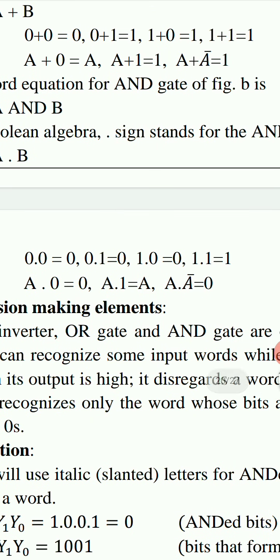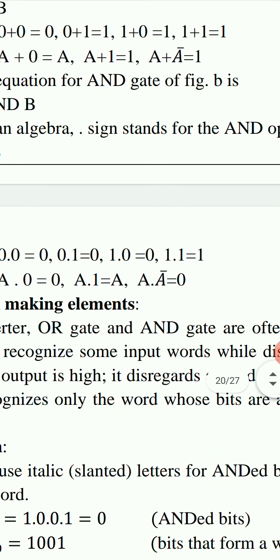A plus 1 equal to 1 and A plus A bar equal to 1. If A is 1, A bar is 0 and A plus A bar equals 1 plus 0 equal to 1. If A is 0, then A bar is 1, then 0 plus 1 equal to 1. So A plus A bar is equal to 1.